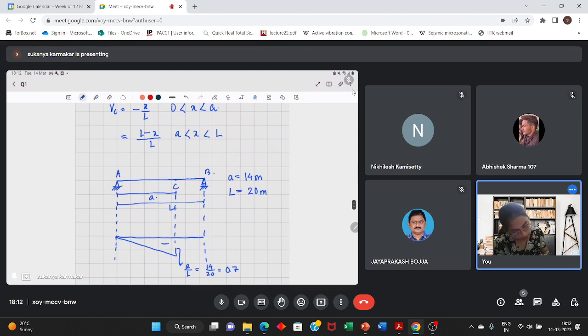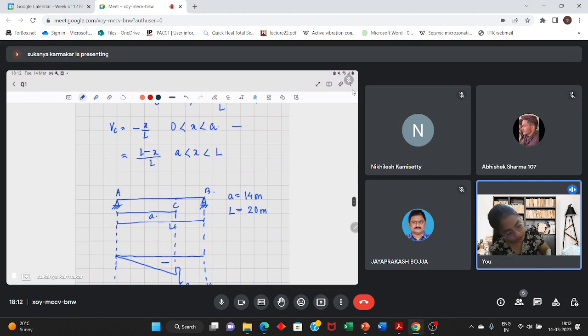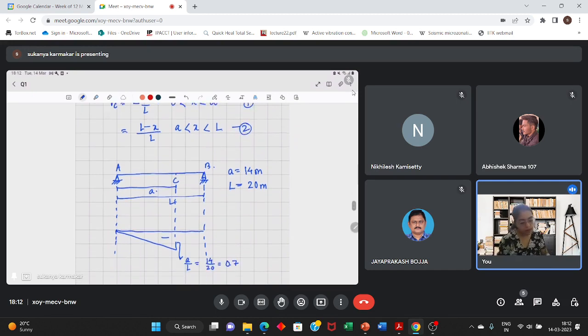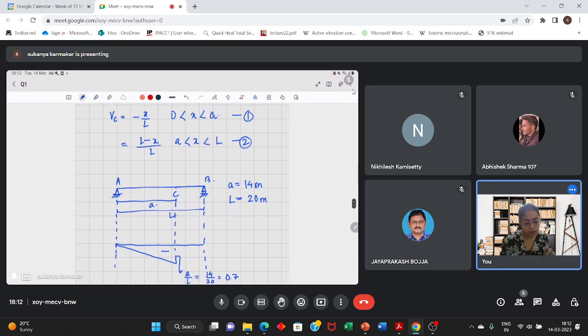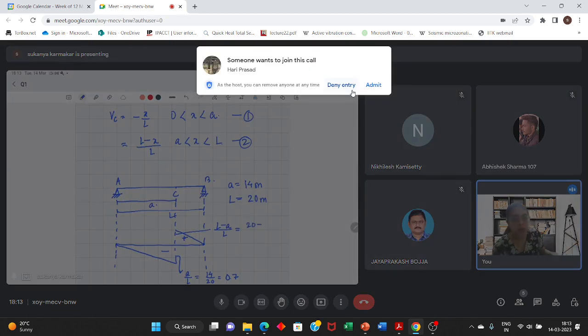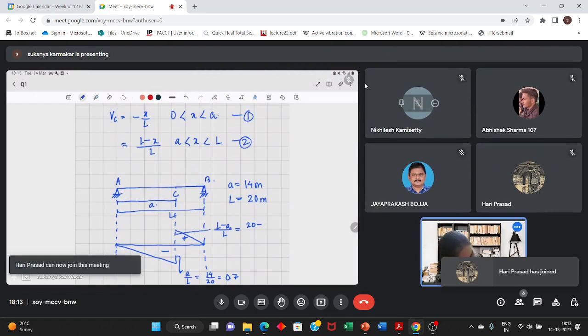And in the second equation, this being the first equation, this is what I obtained from the first equation. And in the second equation, if you put x is equal to capital L, again it is 0. And if you put x is equal to A, then this will be (L minus A) by L, which is (20 minus 14) by 20, which comes out to be 0.3.